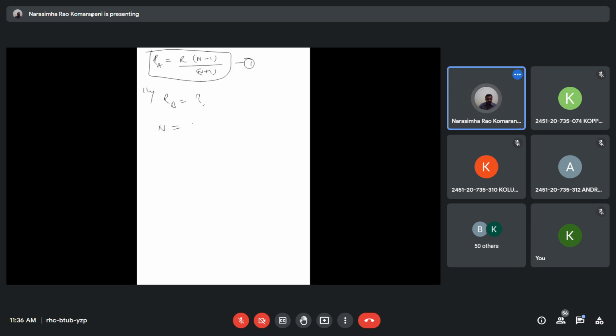Equation: n equals (RA plus RB plus R) divided by RB.